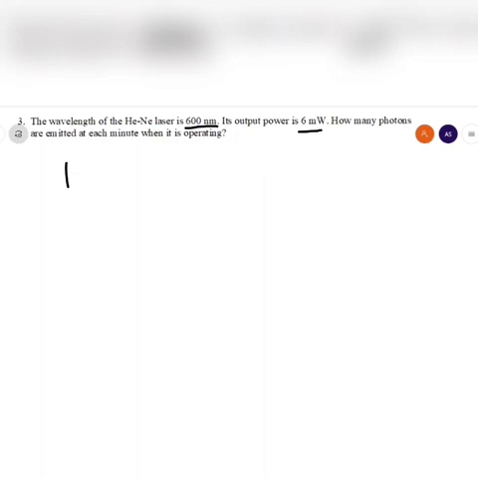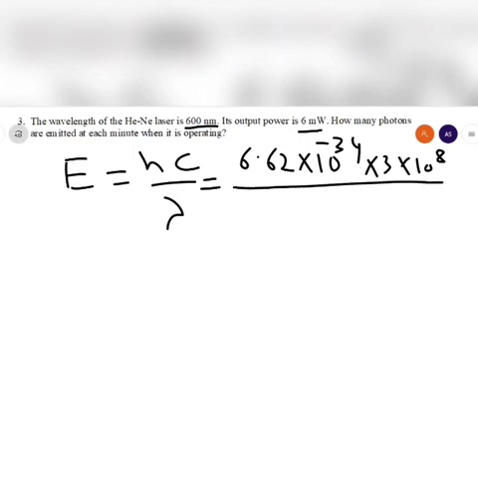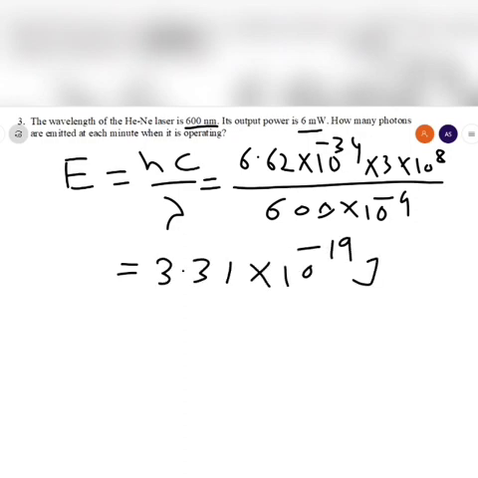First you will calculate the value of E. You know E is hc by lambda, and h is 6.62 into 10 to the power minus 34 into 3 into 10 to the power 8 meter per second divided by 600 into 10 to the power minus 9 in meter. Then you will get the value of the energy as 3.31 into 10 to the power minus 19 in joule.